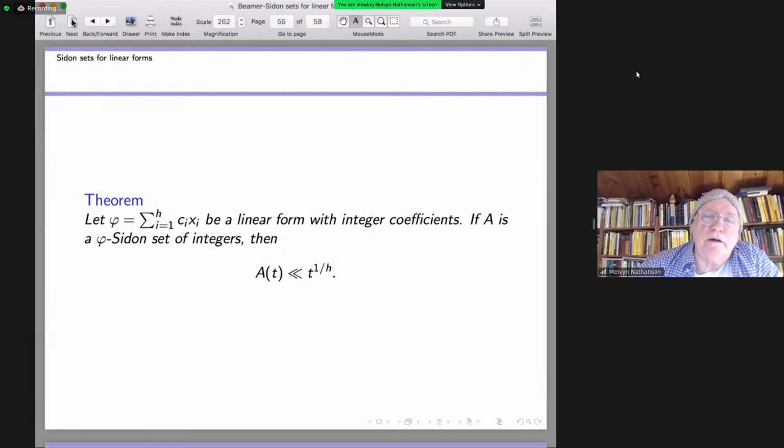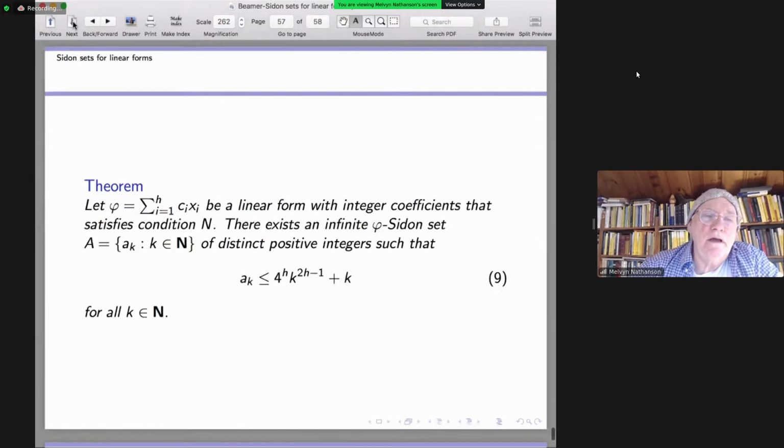And in particular, if you take a linear form with integer coefficients and a phi Sidon set, it satisfies this inequality.